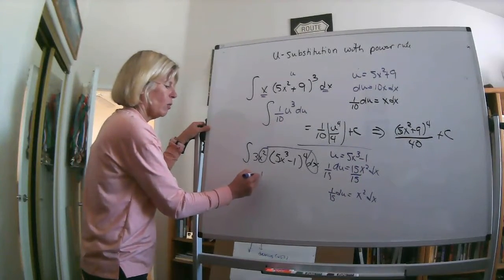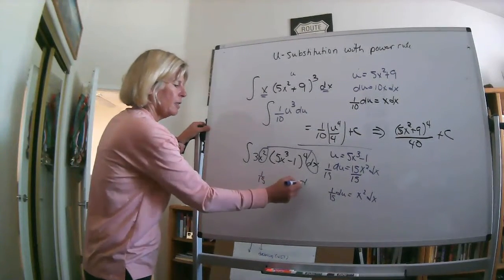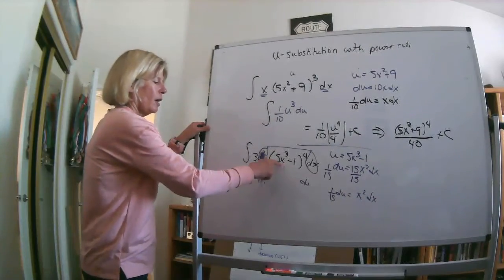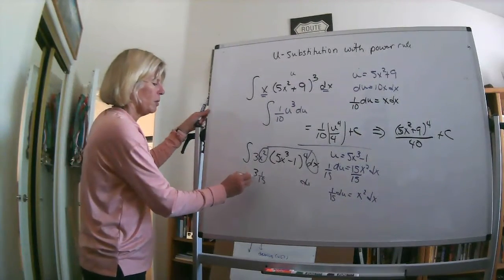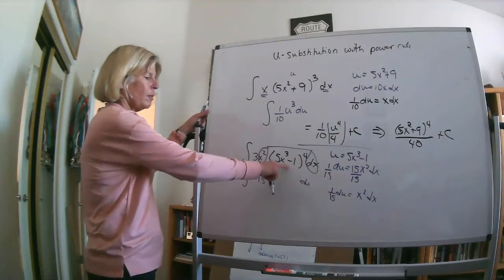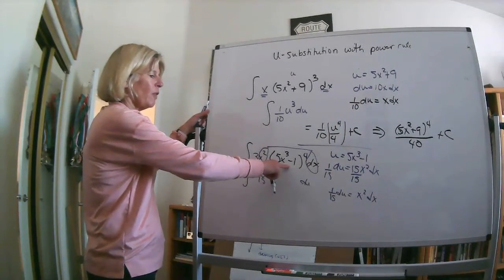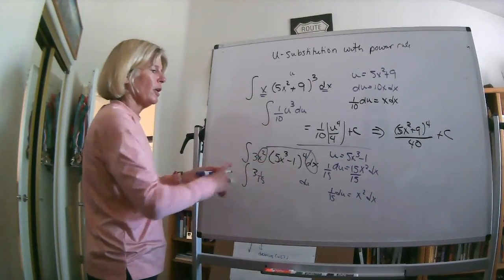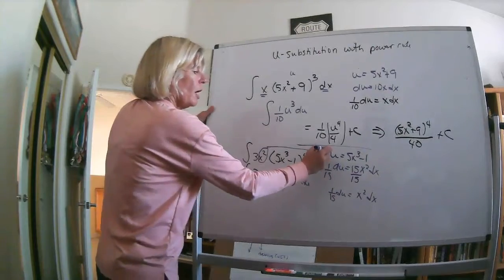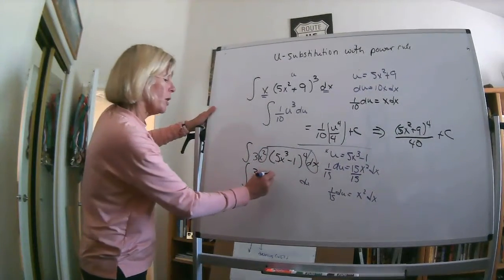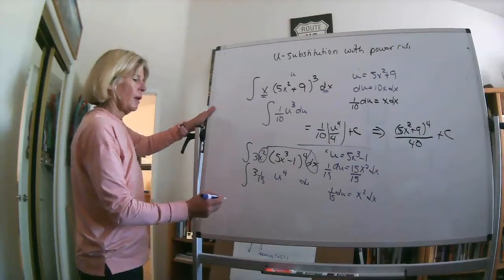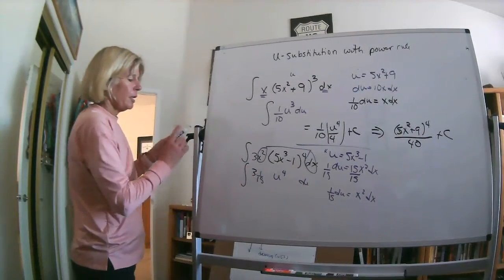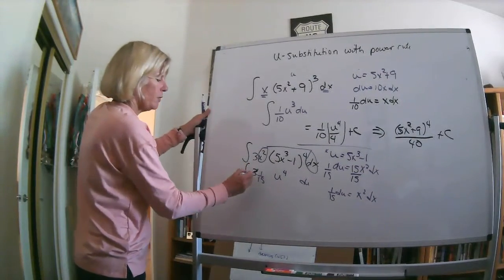That's 1/15 du. I still have my 3 here from the original problem. And I'm going to substitute for this 5x cubed minus 1. That was my u. I write everything out and then I can go back and check. So that becomes u to the 4th. Now, I'm going to go ahead and simplify the 3 and the 15.